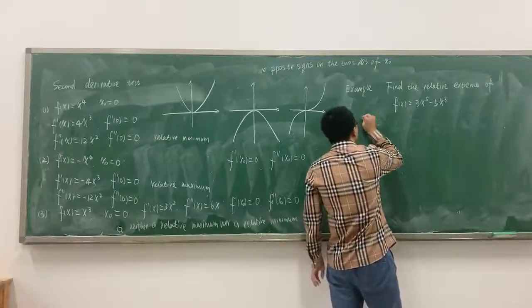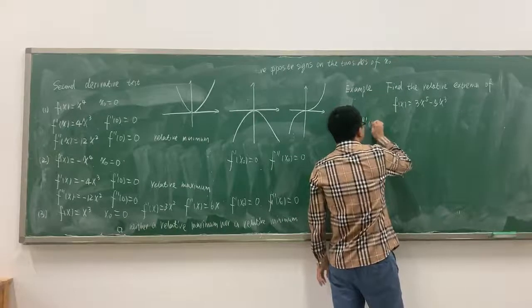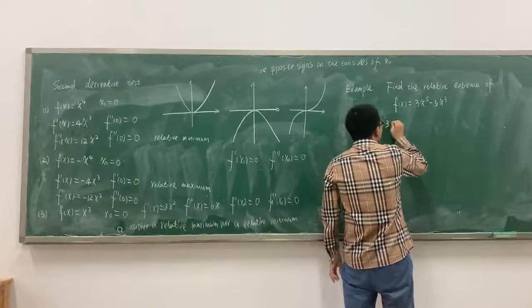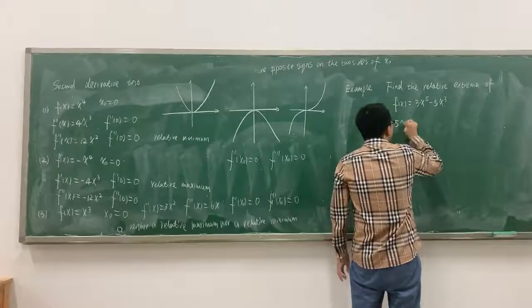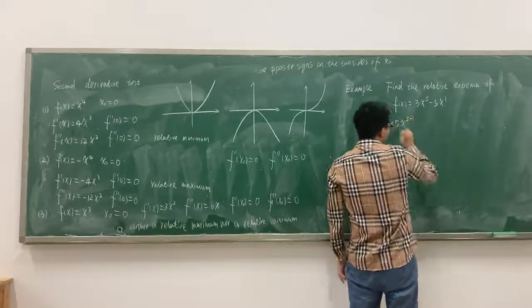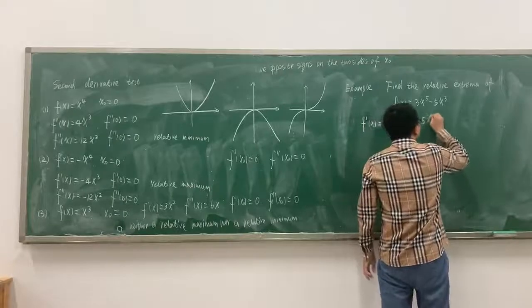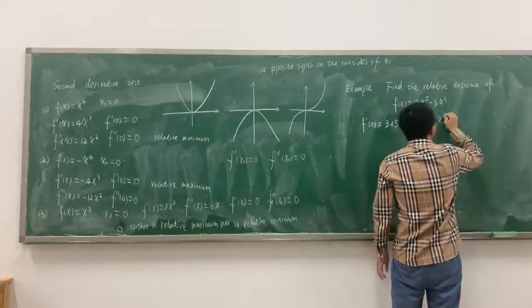So first we find the derivative f prime. f prime equal to 3 times 5 x to the 5 minus 1, minus 5 times 3 x to the 3 minus 1.